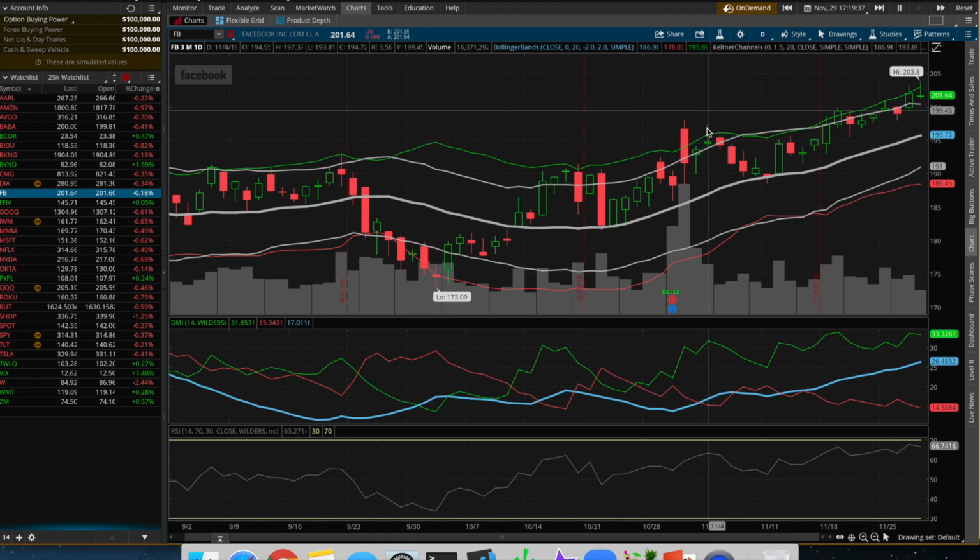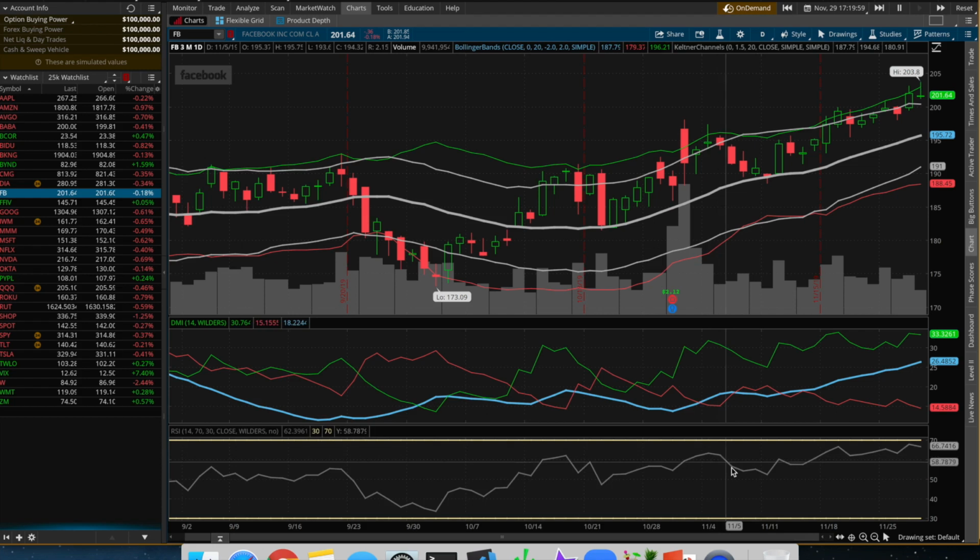So in this case, this is the bottom of the trend, it went all the way up to the upper channel of the Bollinger Bands, and at this point, there's a doji. So what you need to do is you start observing from that point on any signs of reversal. So if you go forward a few days, RSI is beginning to point down.